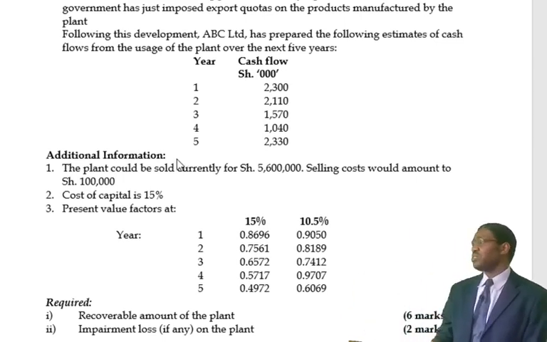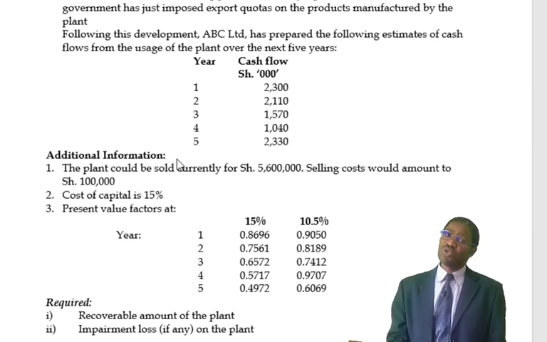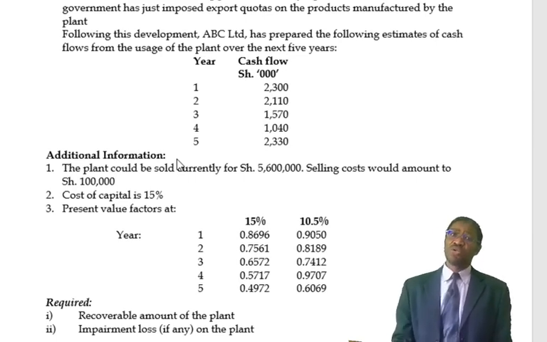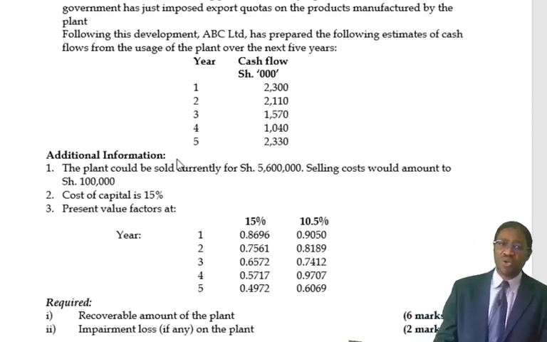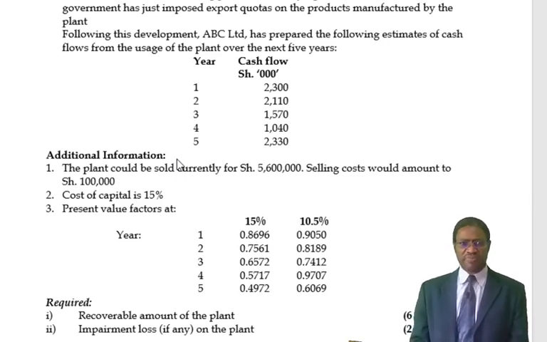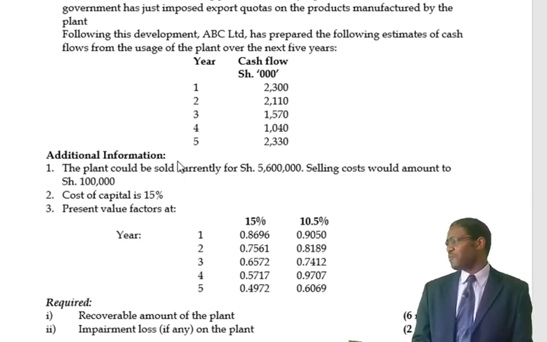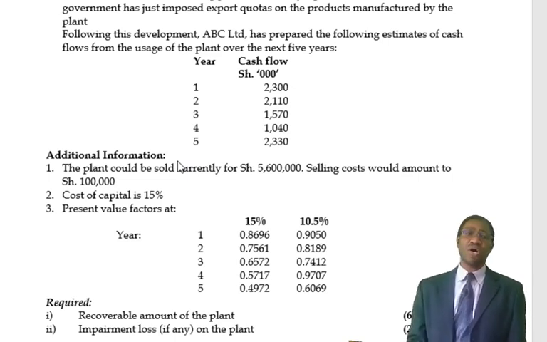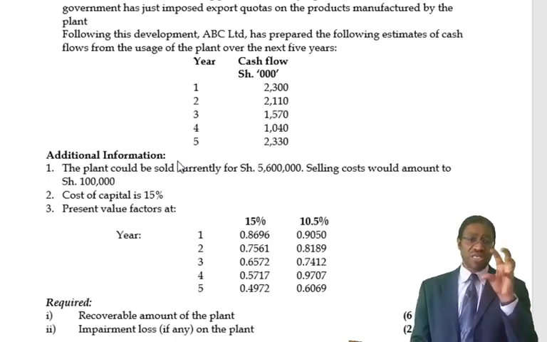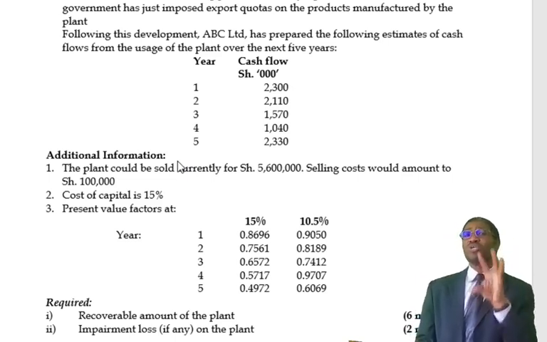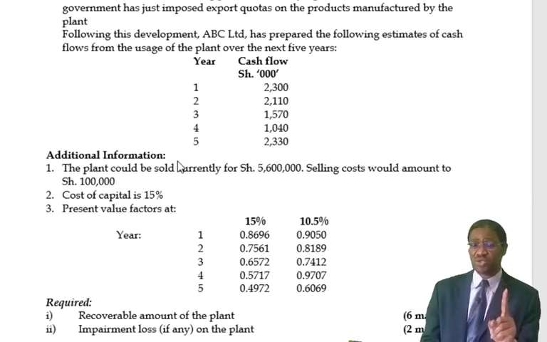It's obvious this question wants you to know which of those two discount factors you will use. We are given the cost of capital as 15%, so it's obvious you would use the ones of 15%. But I've said some questions don't give you those factors. At least this question has given you those factors.